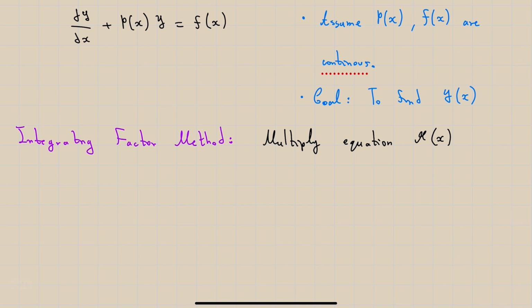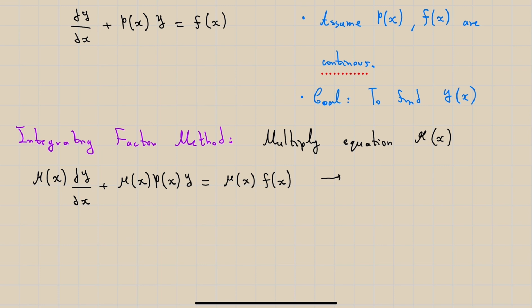So first, if we multiply, we obviously get this. Then we write the following: the left hand side will be equal to the derivative of the product of mu(x) and y(x), and this should be equal to mu times f.